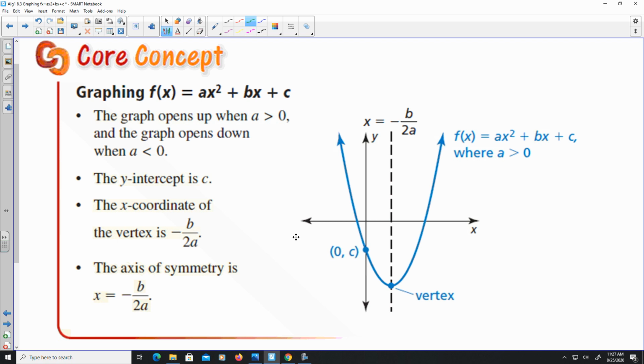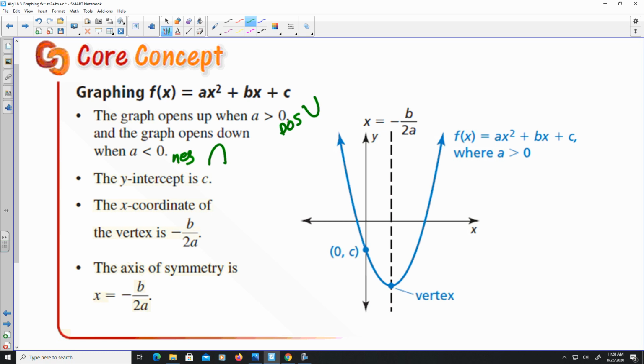Some things you have to keep in mind: the graph opens up when a is greater than 0, and opens down when a is less than 0. So basically when a is positive, it's a right side up U shape. When a is negative, it's an upside down U shape. We talked about that in the previous sections.